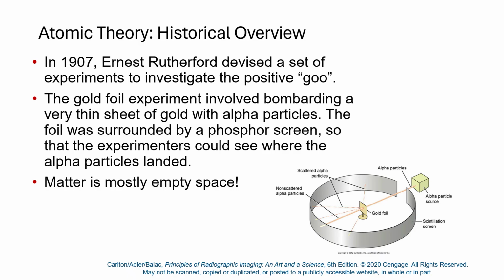With the positive goo being a vapor that doesn't really have a concentrated mass, it's kind of spread out all over the place like a fog, then you wouldn't see any deflection at all because there's nothing to ricochet or bounce off of. The charge isn't concentrated in one area. But if it's solid all the way through, you would see 100% ricochet.